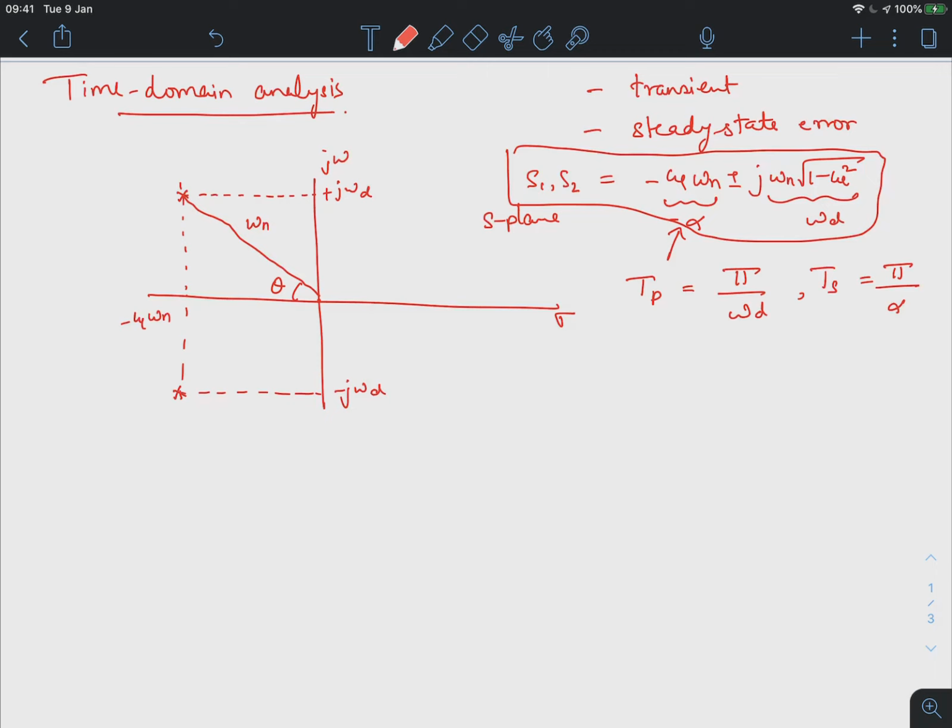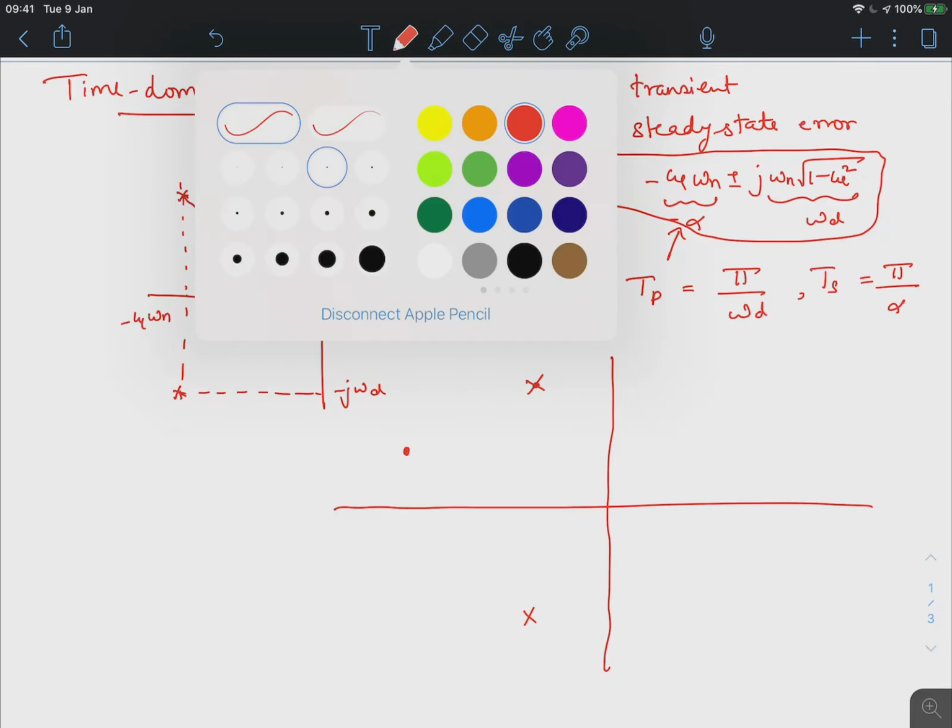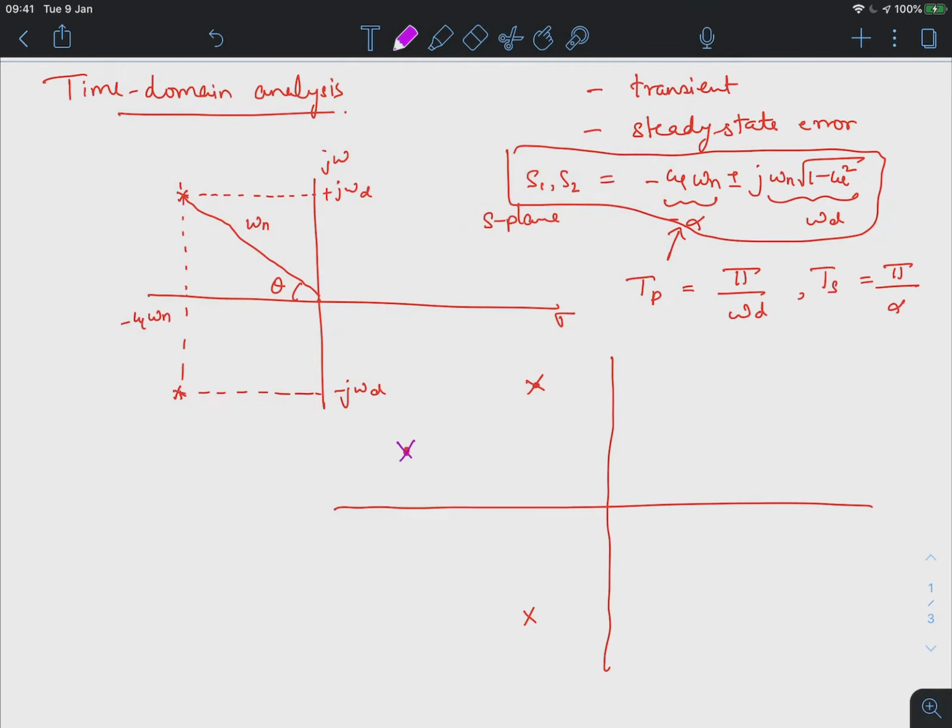Now on the s plane once again, let's mark two points. One point is this one and another point is this one, meaning to say that in the first case, I shall use different colors. So these are the two cases we have. Okay, so this represents case 2, and in this color we have case 1, let's say.